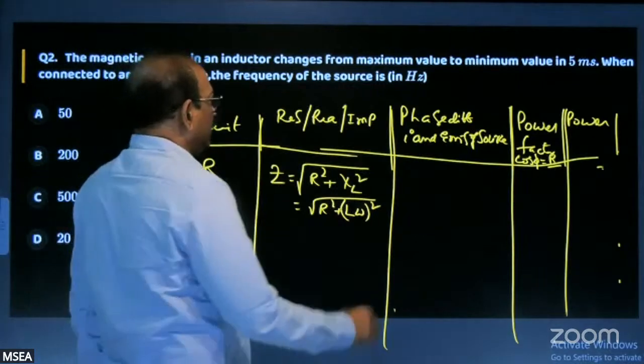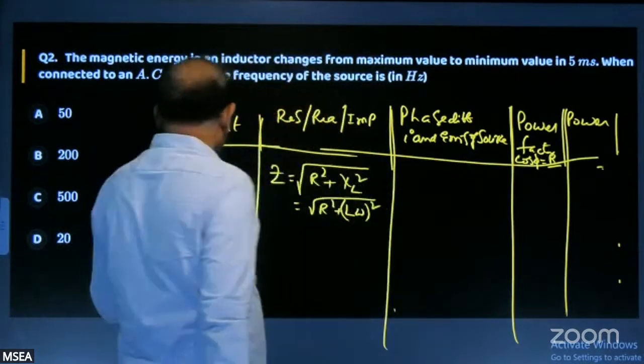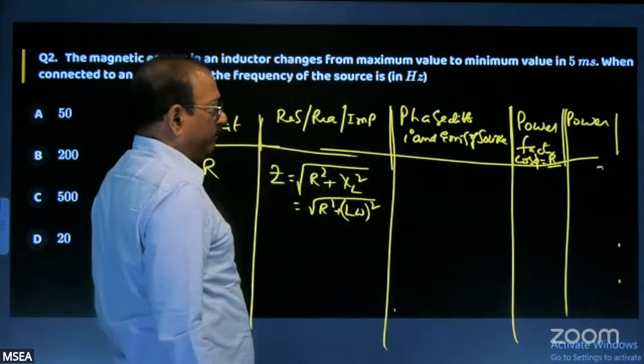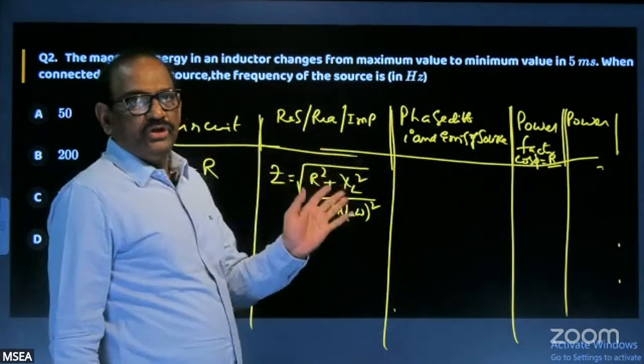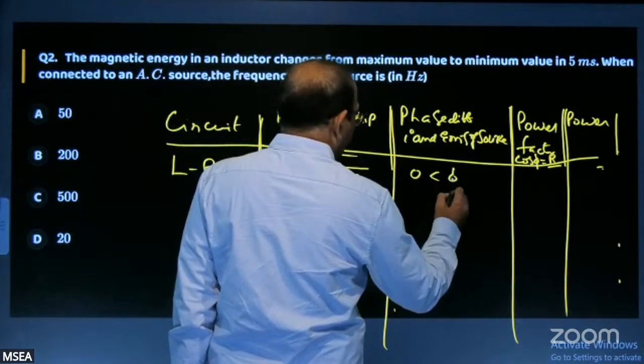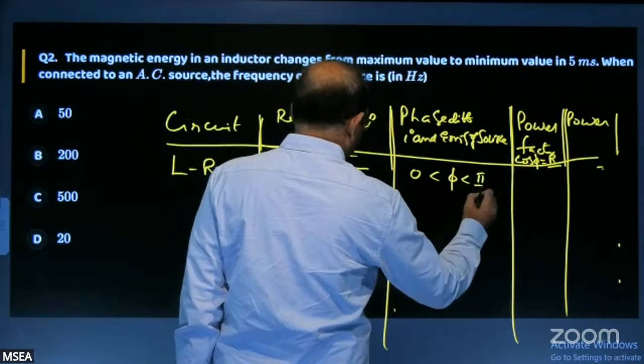The phase difference between current and EMF lies between 0 and pi by 2, so 0 less than phi less than pi by 2.